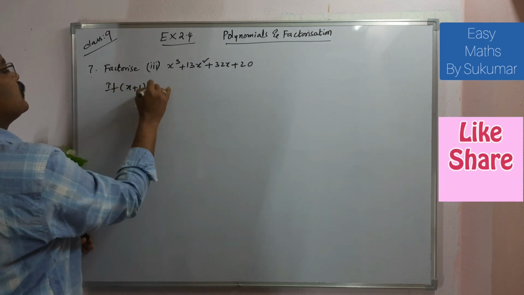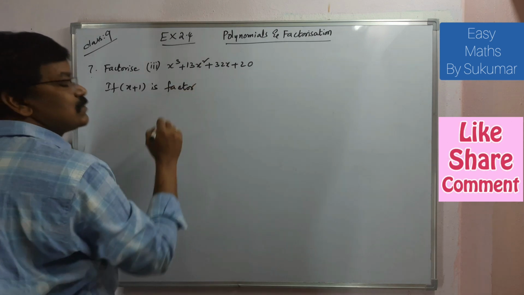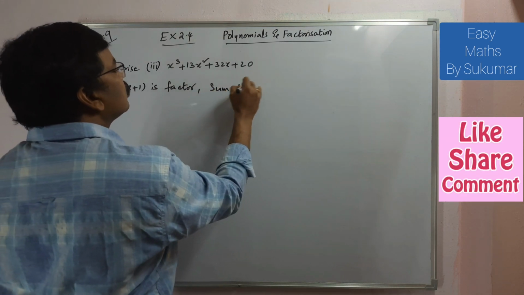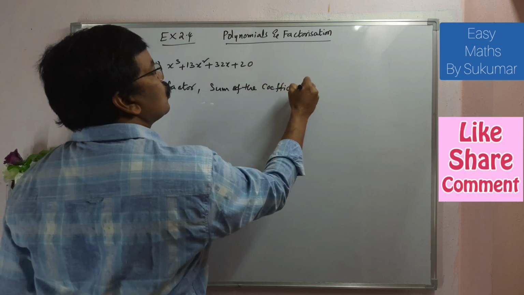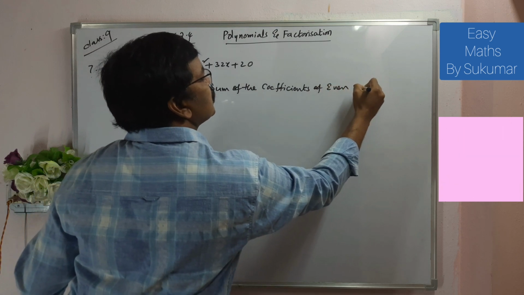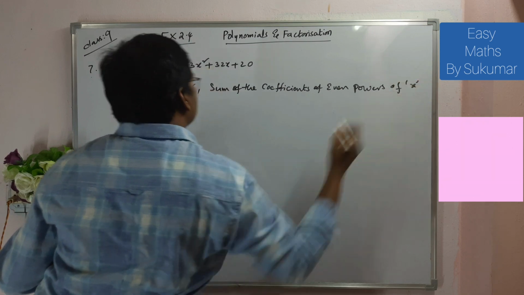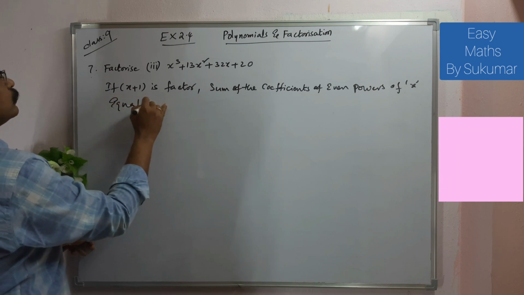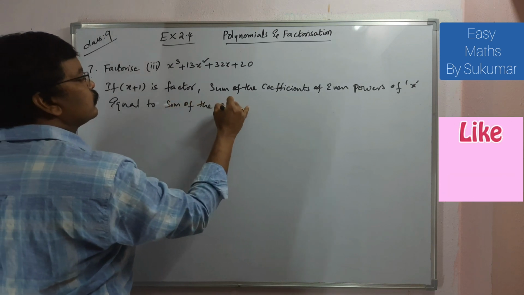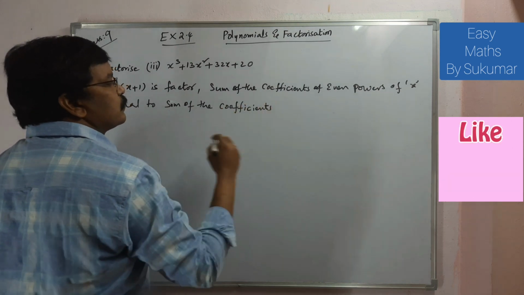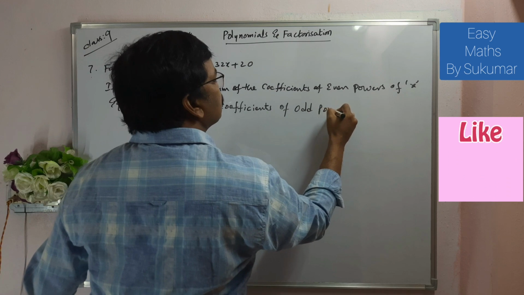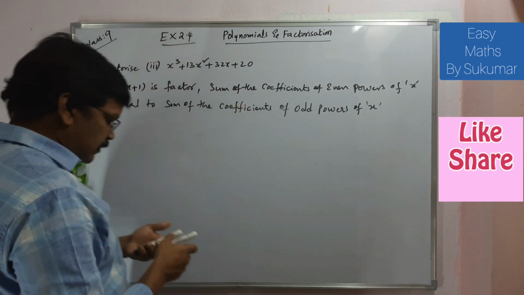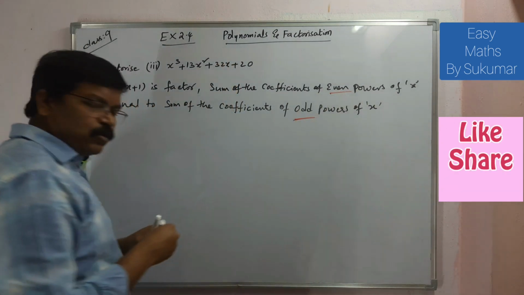As I taught in the previous class, if x plus 1 is a factor, then the sum of the coefficients of even powers of x is equal to the sum of the coefficients of odd powers of x.